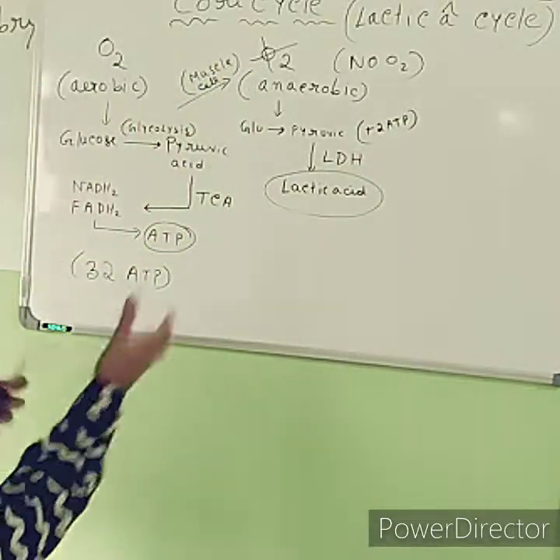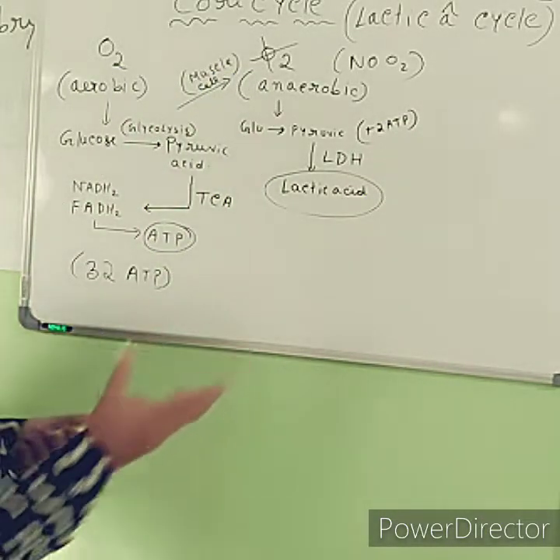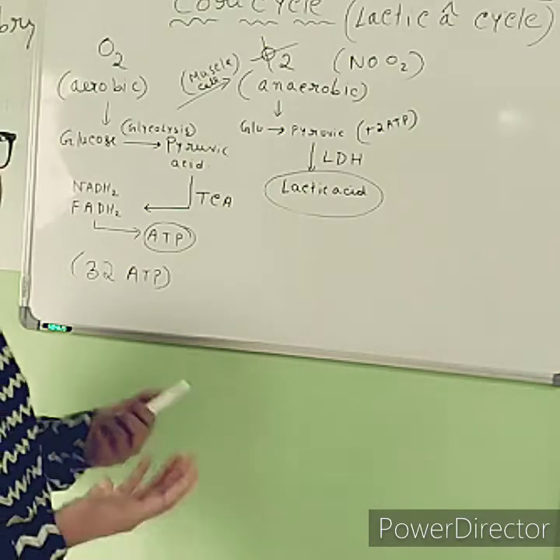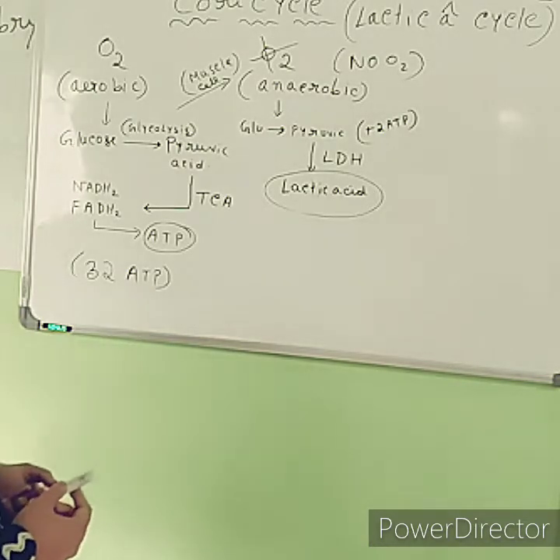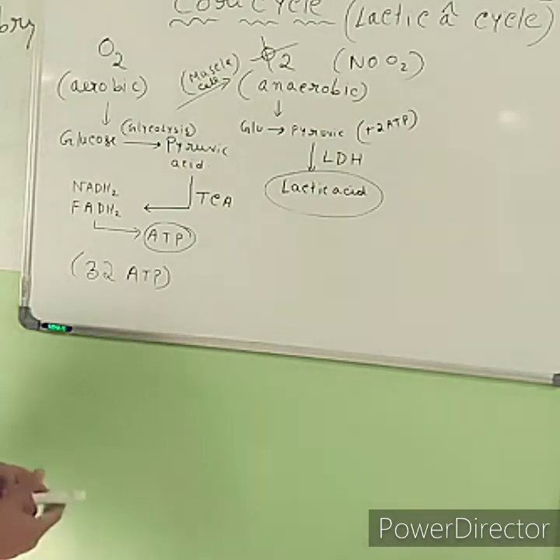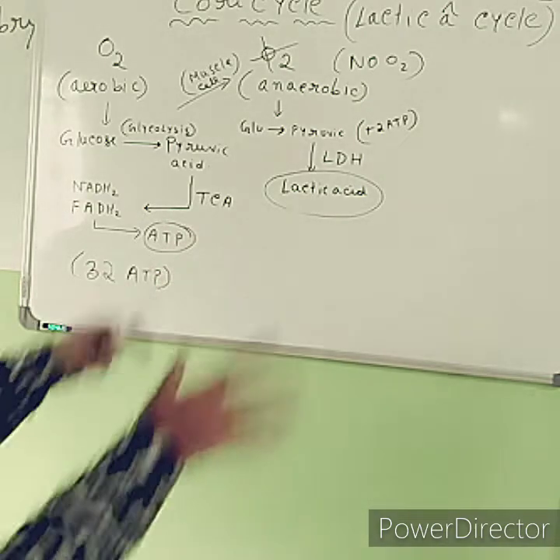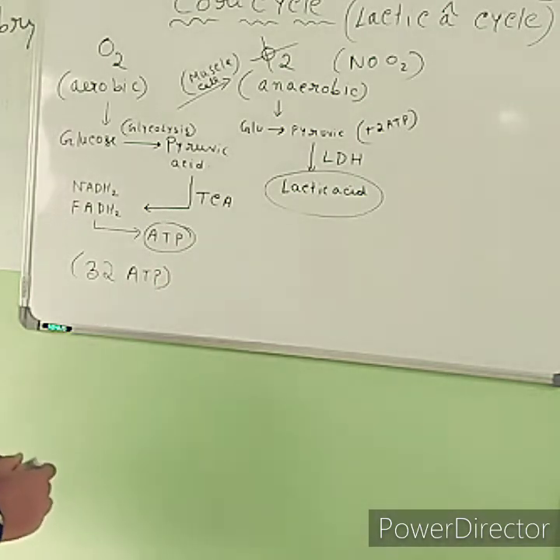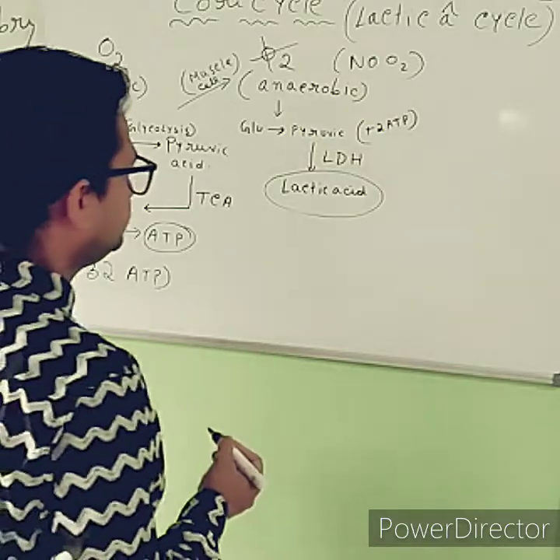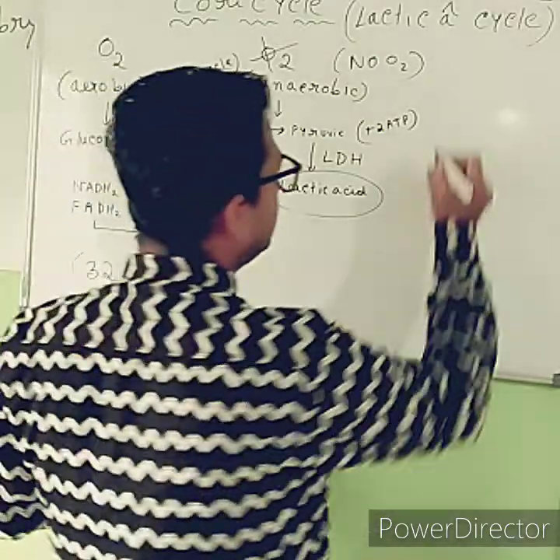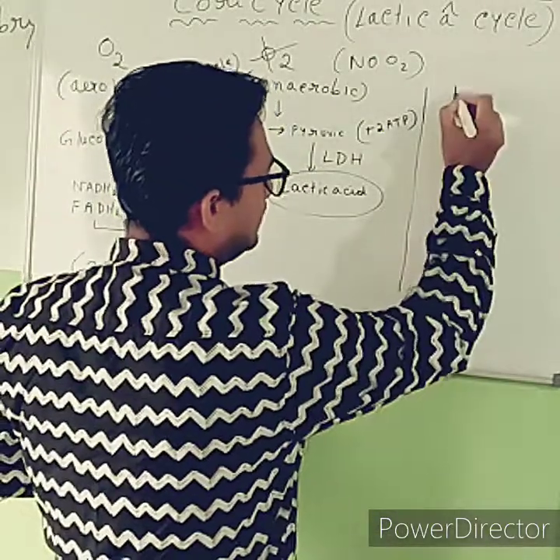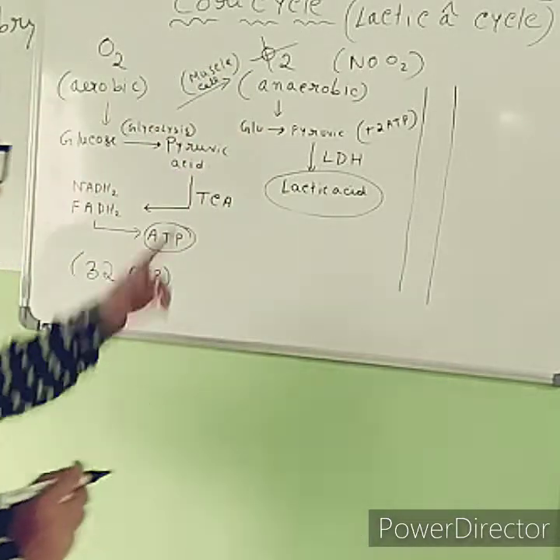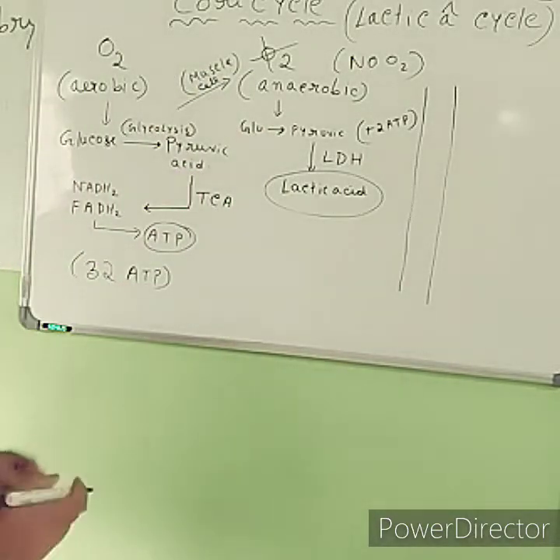So there is a total loss of 30 ATP molecules, so a serious condition will appear if there is no alternate pathway for management of this problem. So lactic acid has to be managed.